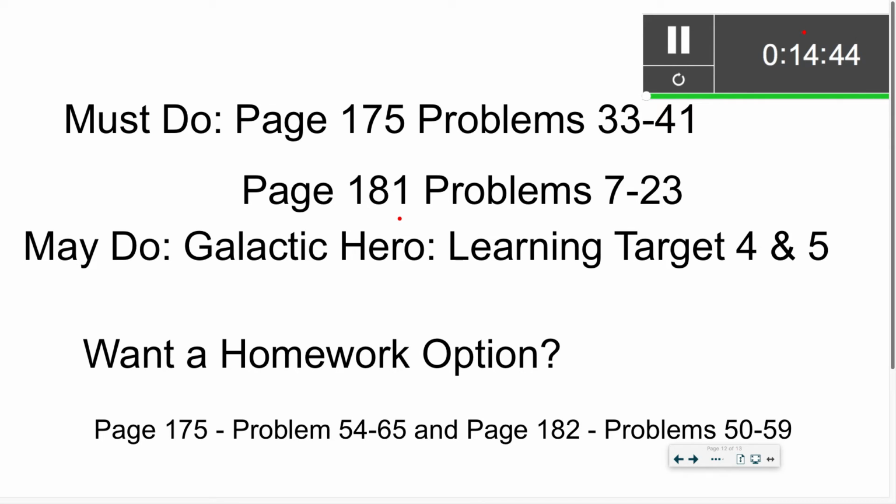It's greater than. Jump to page 181. Okay, so if you feel good about it, most people are kind of like that. You add 1/4 on both sides.